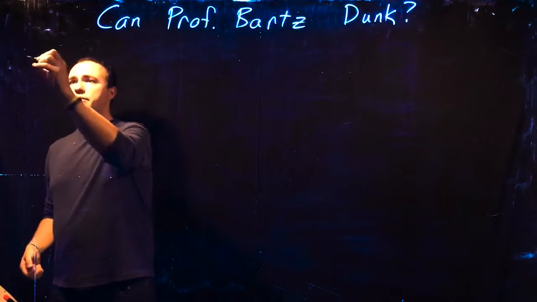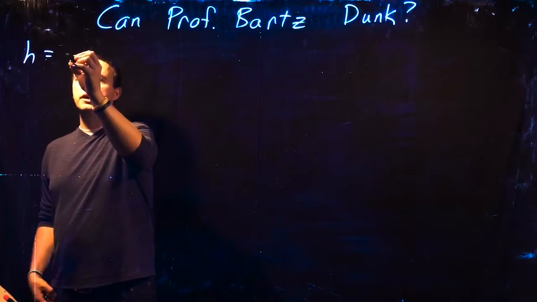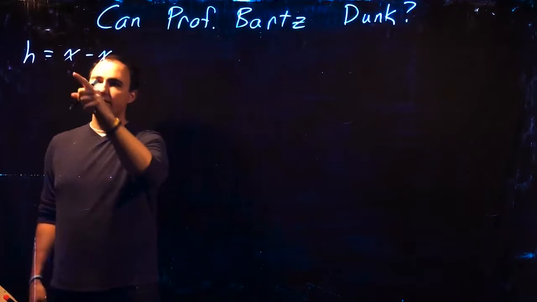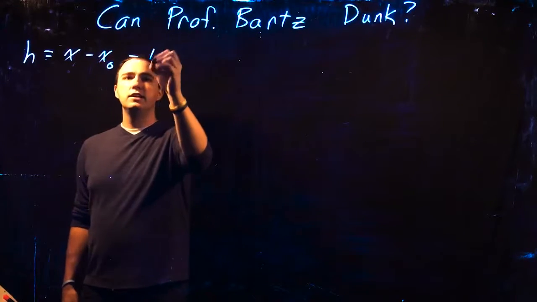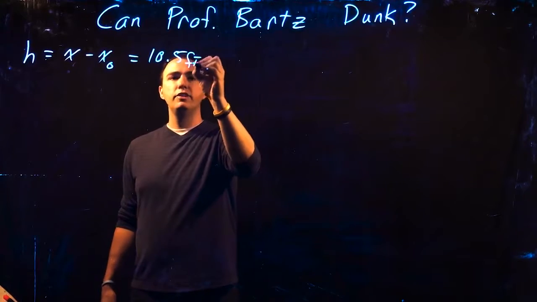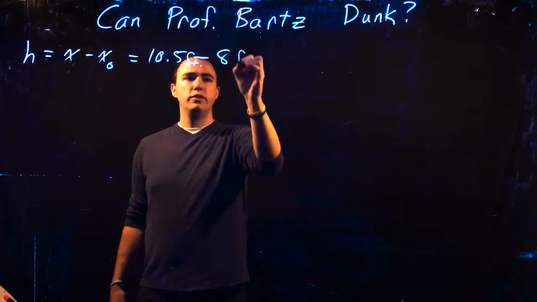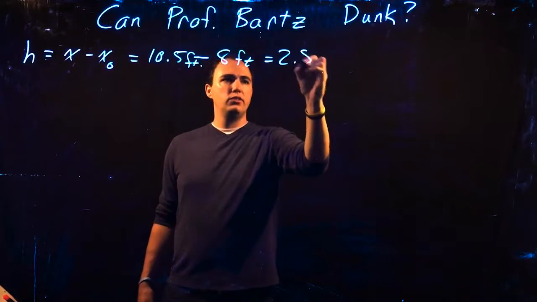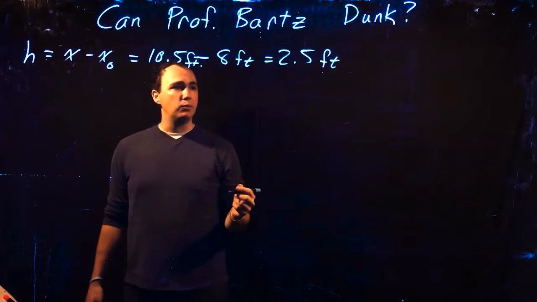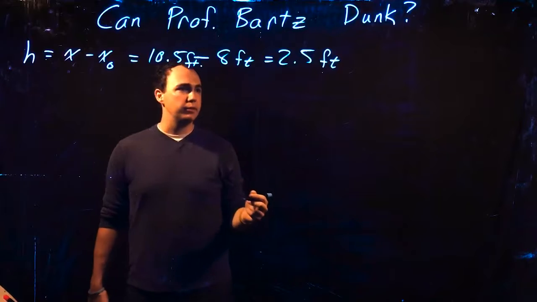So that means that height, that's my final position minus my initial position of my hand. So 10.5 feet minus 8 feet is 2.5 feet. But that's American units.